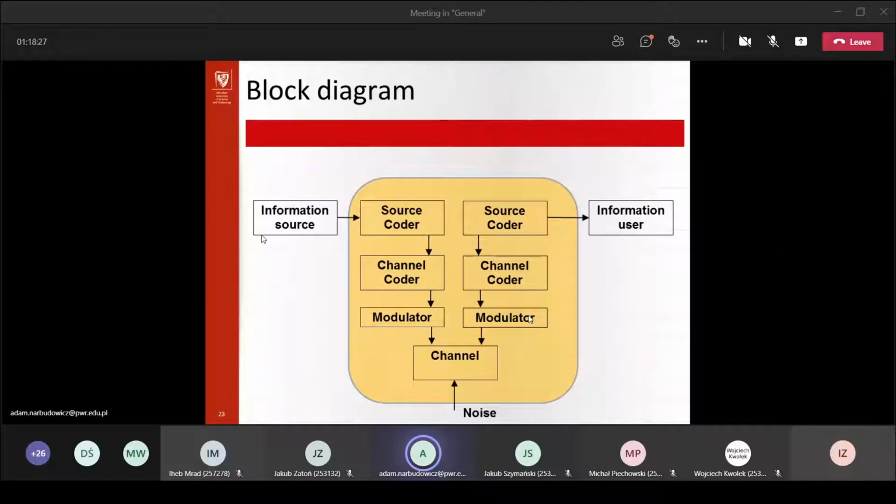Sorry, I just noticed an obvious mistake in this slide. Then, of course, there is the modulator, and typically by modulation we mean converting the output of the channel coder into some physical medium. So we need some physical parameter going from A to B that encodes our information.